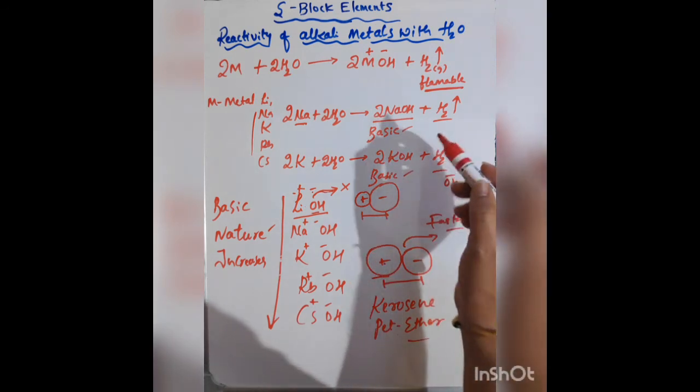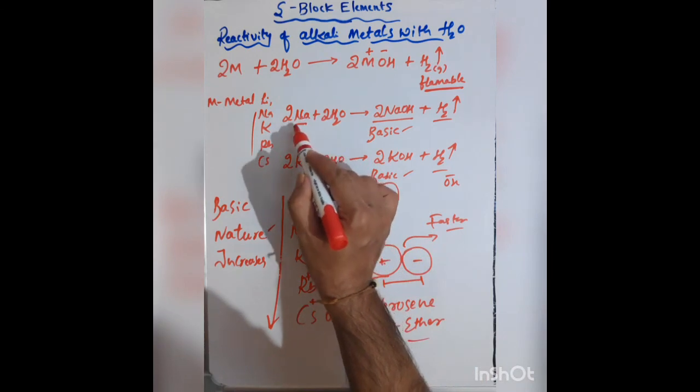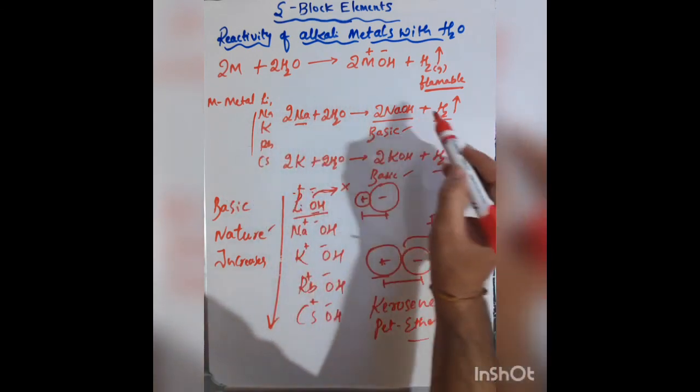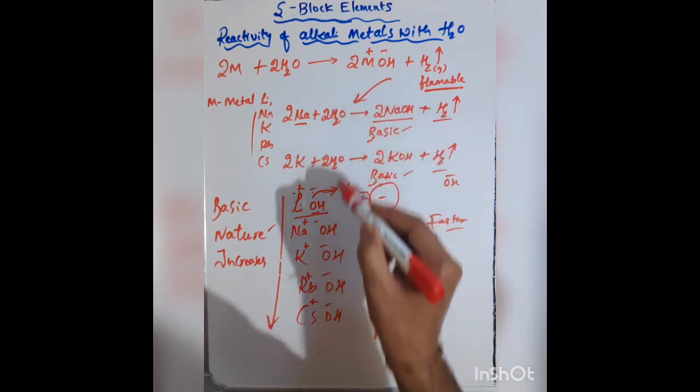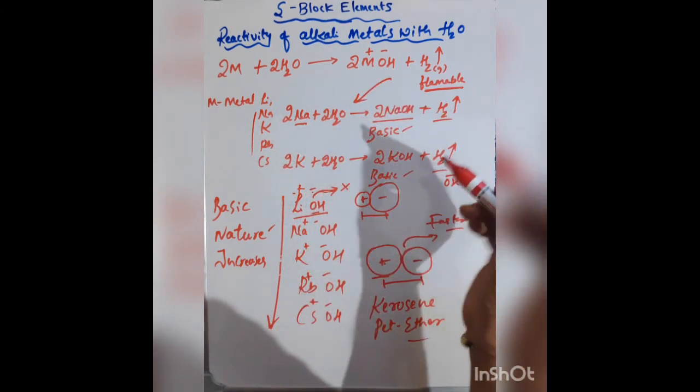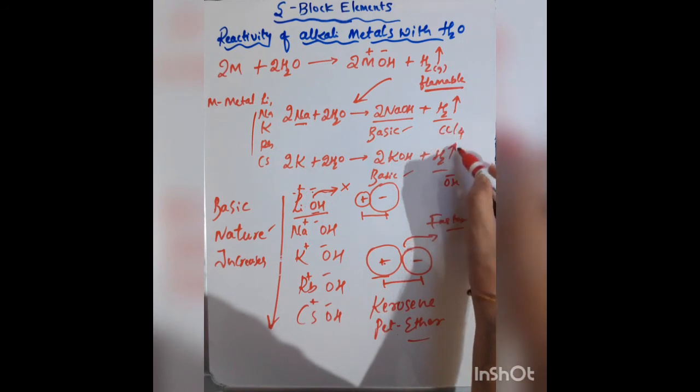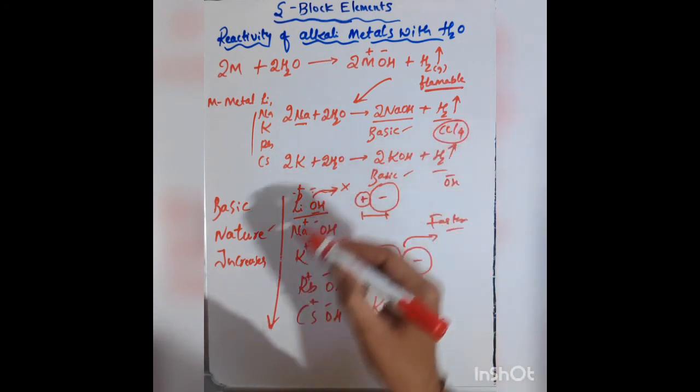And whenever there is a fire because of the alkali metals' reaction with water, instead of using water to stop the fire, we have to use CCl4, which is called pyrene.